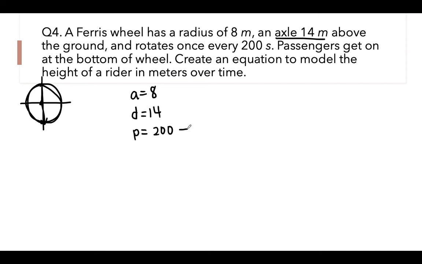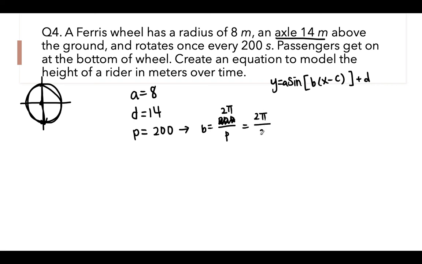To put it back into the equation, assuming y is equal to, let's say, A sine B x minus C plus D, B is equal to... so it's not 200, my apologies, it's going to be 2 pi over P, which is 200.